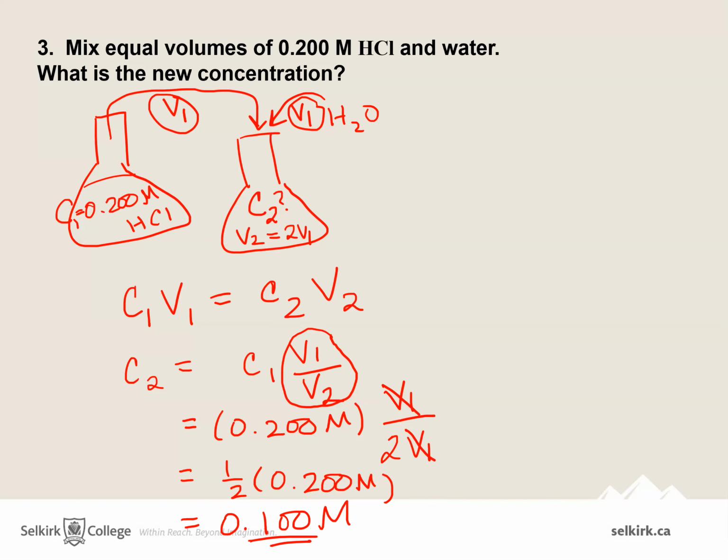What we did here is called a twofold dilution. My new volume is twice the old one, so my new concentration, we proved, is half the old one. I could do a tenfold dilution if my new volume was 10 times my initial volume. Then my new concentration would be 1/10 the original solution.